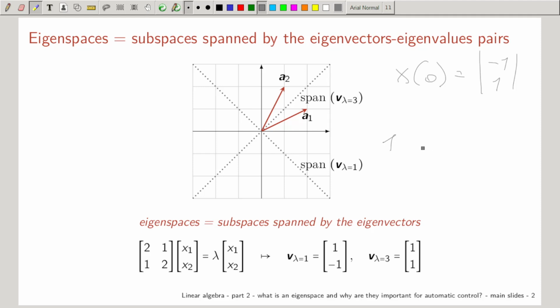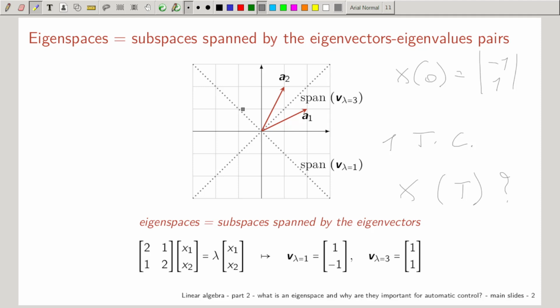After one time constant, what will be my x at one time constant? Discuss. Try to find the solution. Let's decompose. Where do we start? Where are we starting, people?